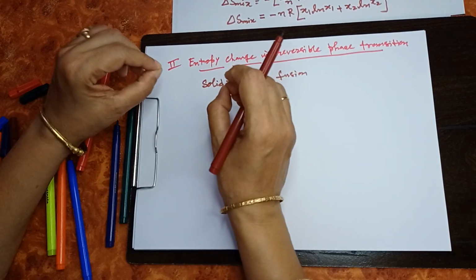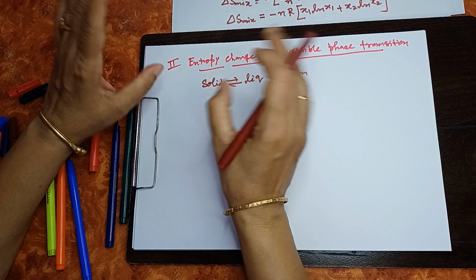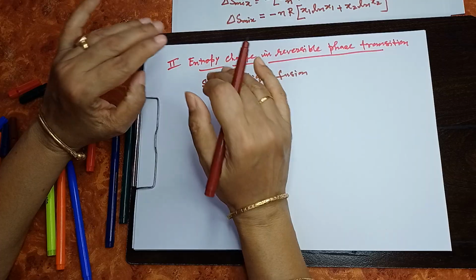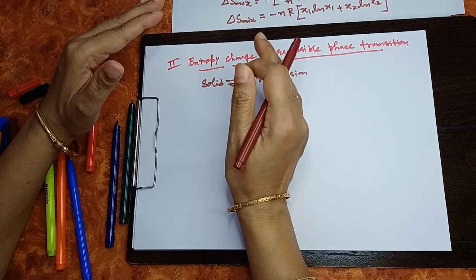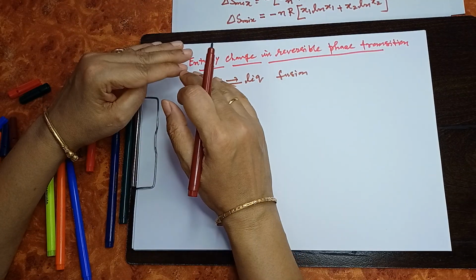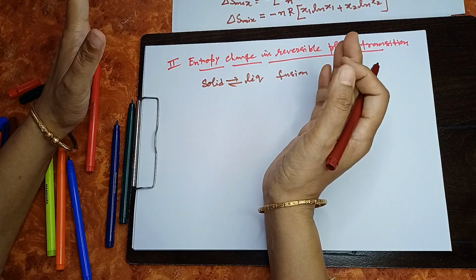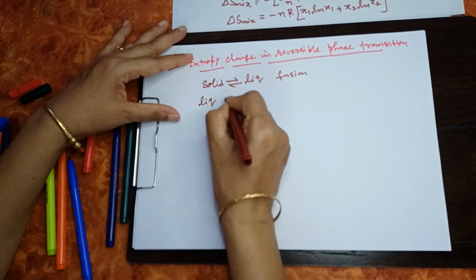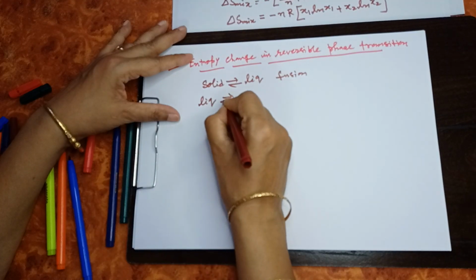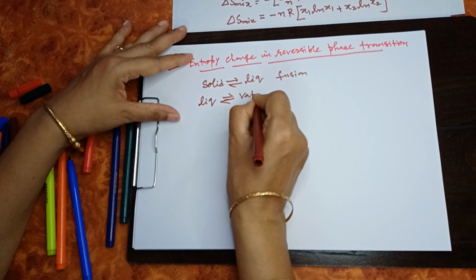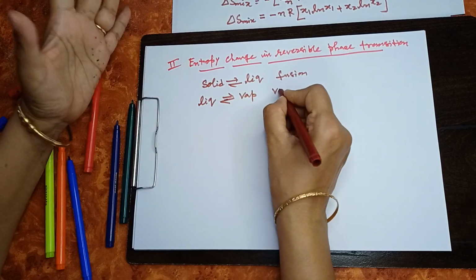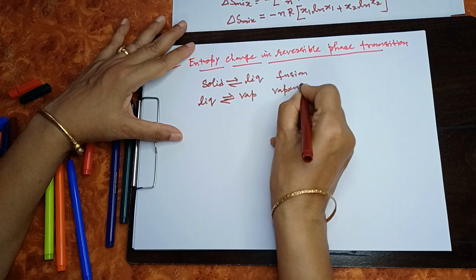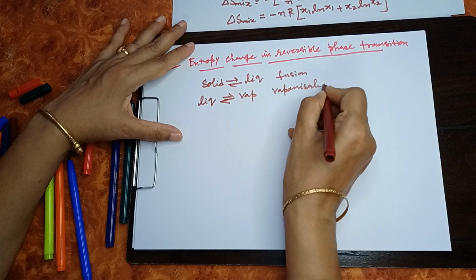The melting starts at a particular temperature. Say for water, it is the ice and water system, that is 0 degree centigrade, and the temperature remains constant till all the solid is converted to liquid. In a similar way, vaporization, liquid and vapor. This is vaporization or boiling.